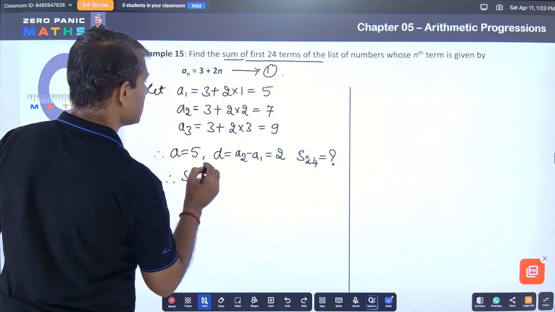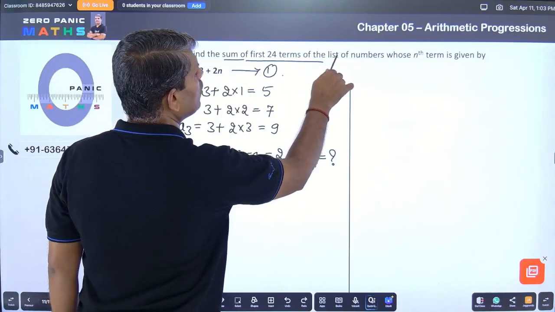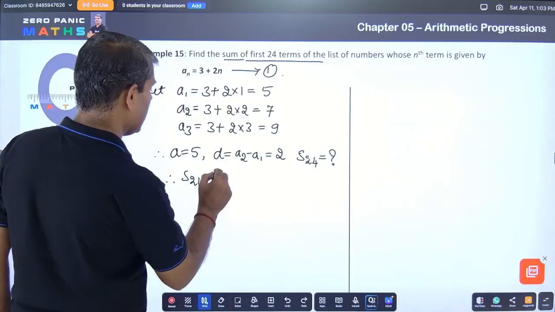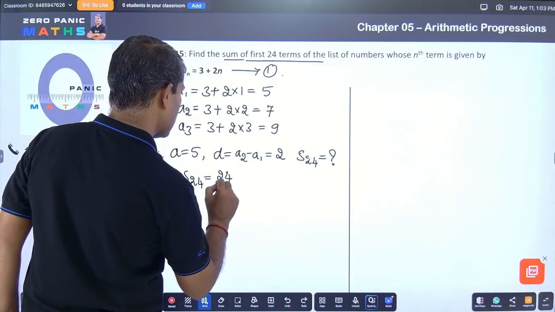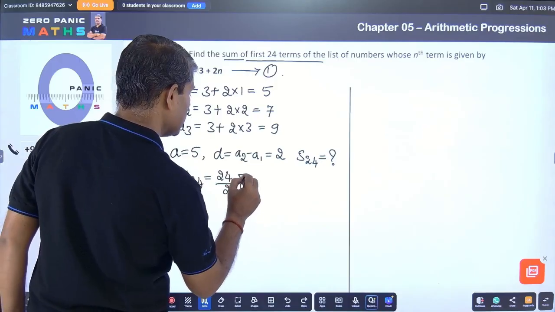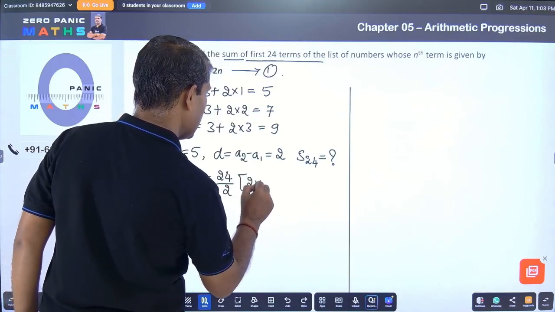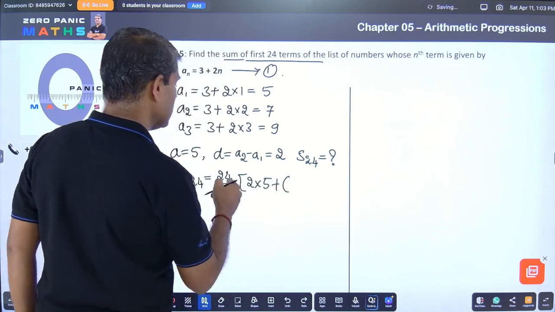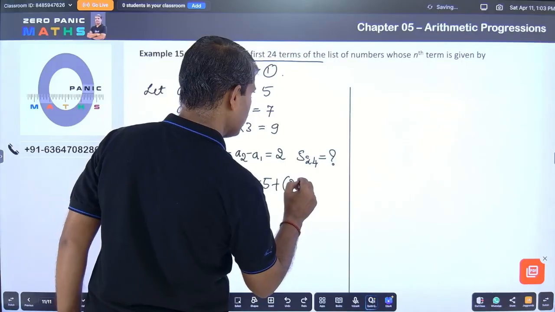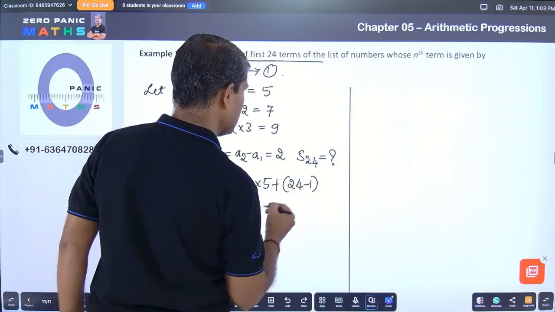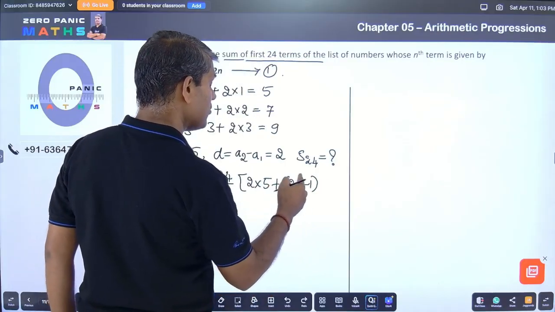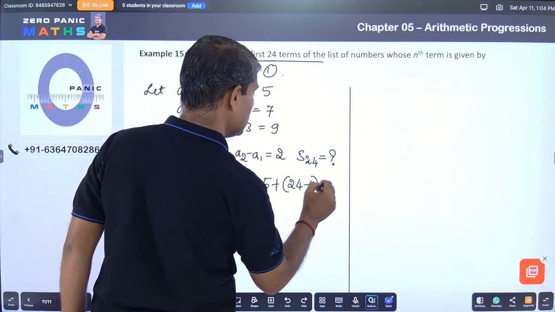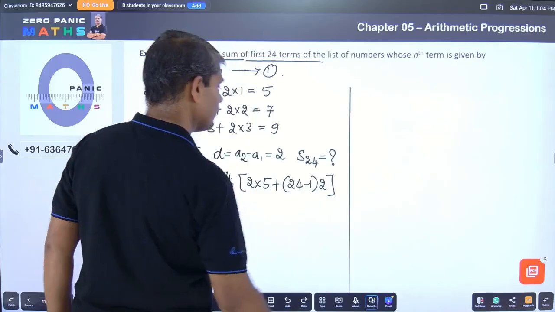Therefore S24, the sum of the first 24 terms, is 24 divided by 2 into 2a plus n minus 1 into d. What is a? a is 5. And n minus 1 is 24 minus 1. What is d? d is 2.